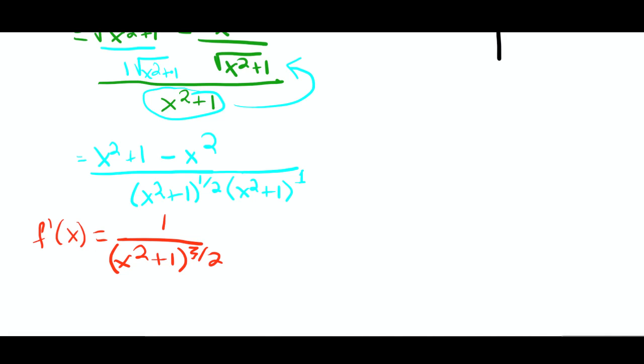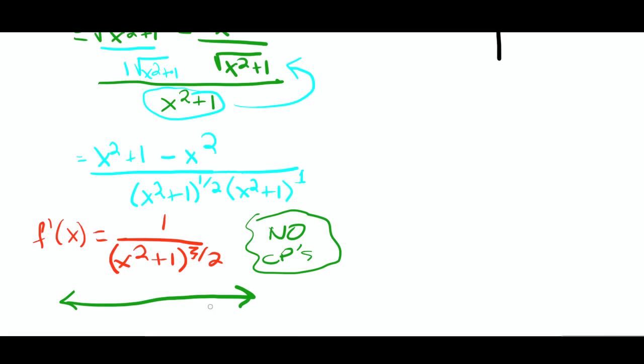And although that took a while, you'll notice that there are no critical points. Okay, so since there are no critical points, you still need to do the number line. The only thing that's going to happen is that there's no change in direction.